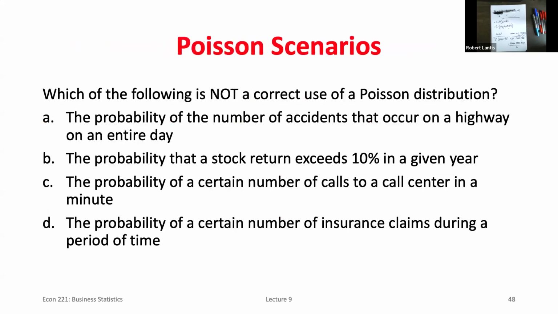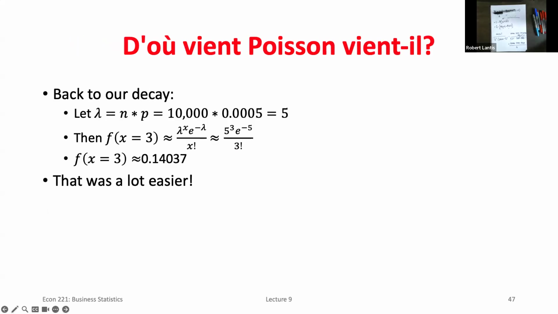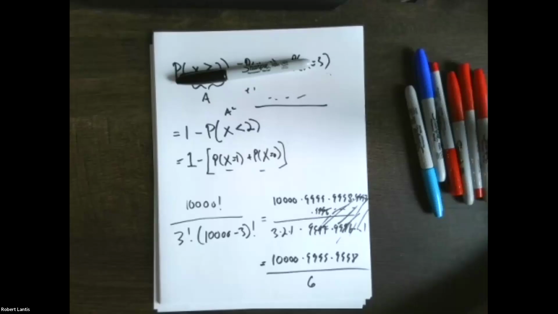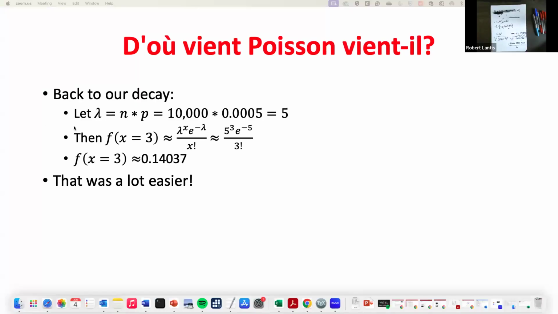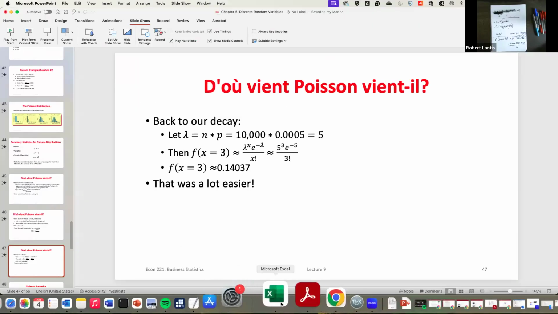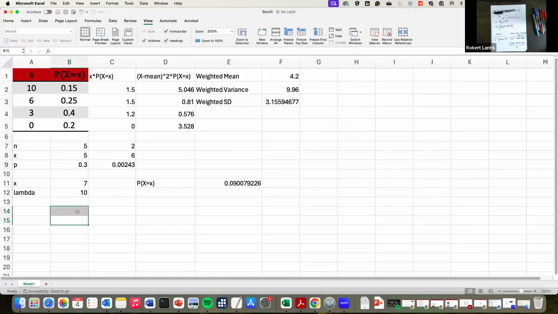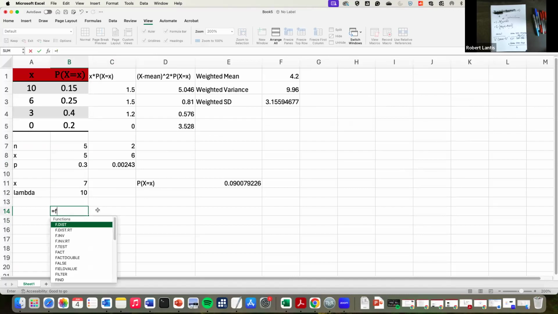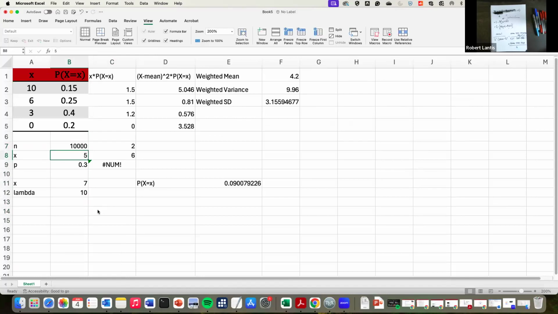Now, it will be different. If I'm looking at this, oh no, I do want to keep sharing. Sorry, I just want to hit exit and open Excel. So if I try to do 10,000 here, notice it doesn't like that, but hang with me.